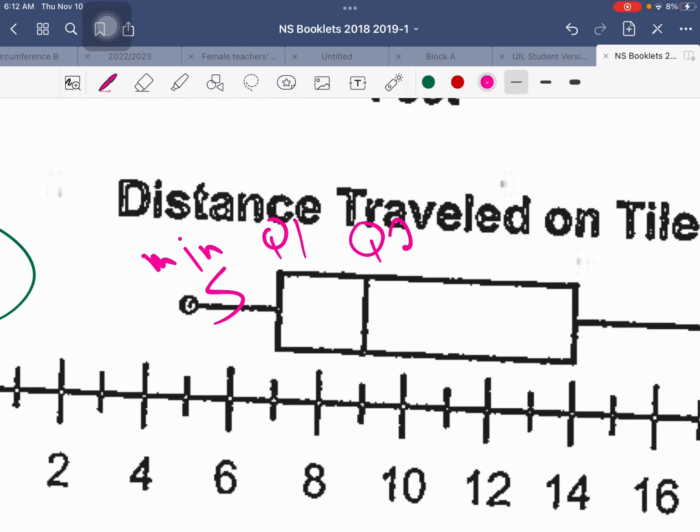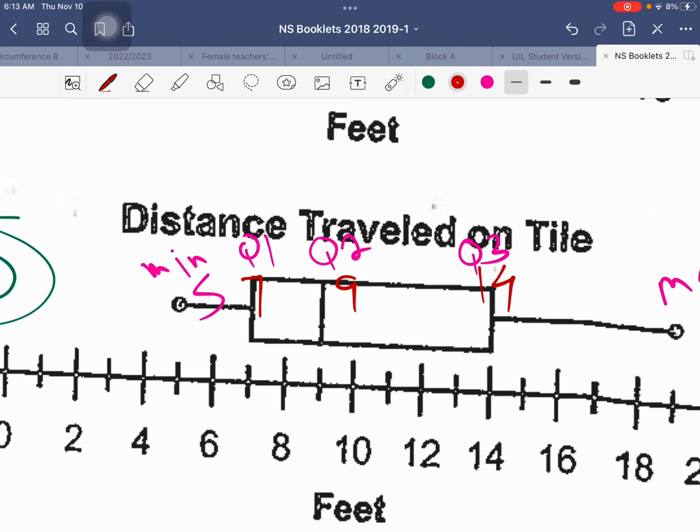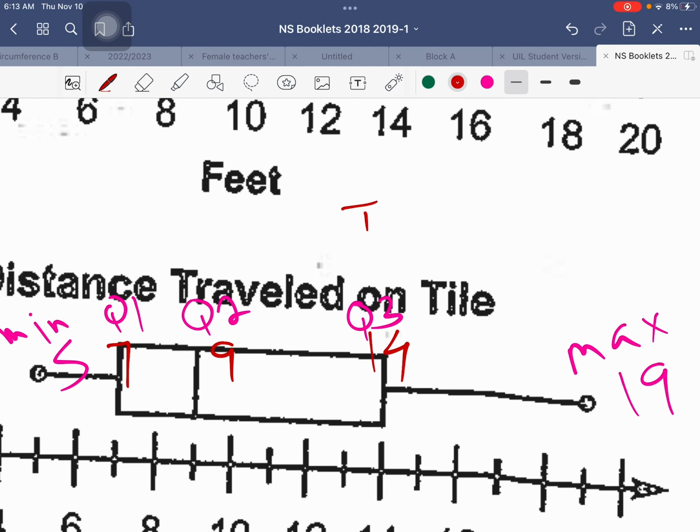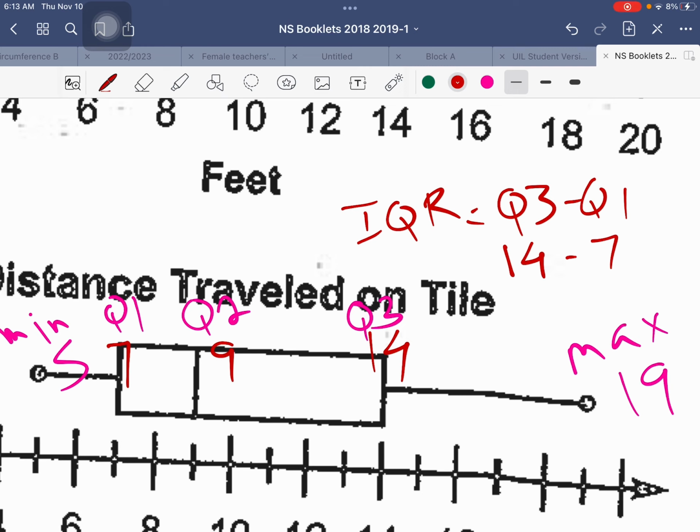Now, Q1 is 7, Q2 is 9, and Q3 is 14. So, 14 minus 7, that would be your IQR because IQR is Q3 minus Q1. So, 14 minus 7, IQR is 7.